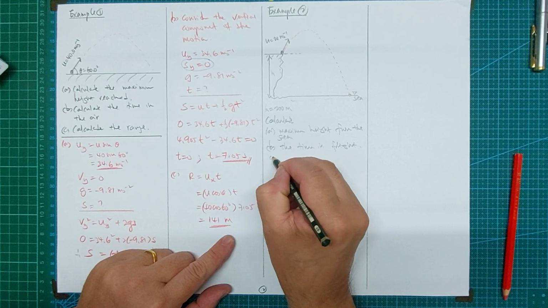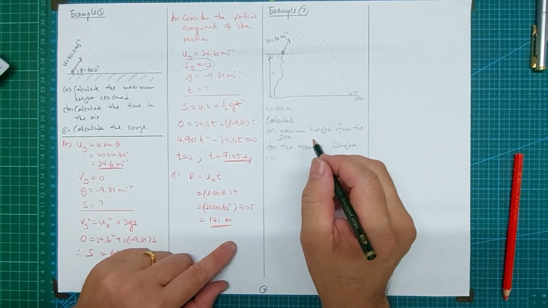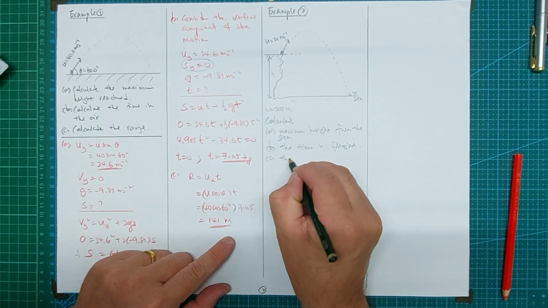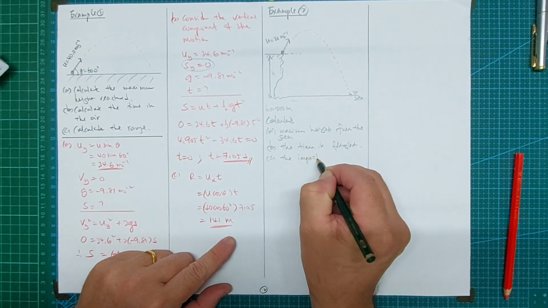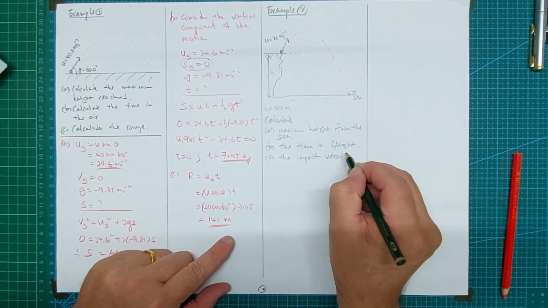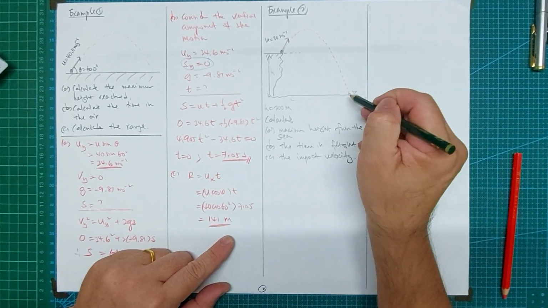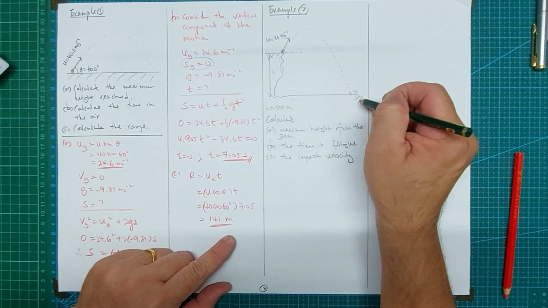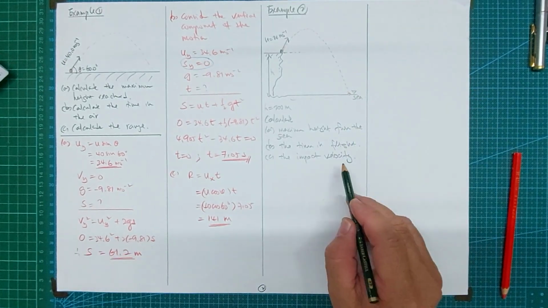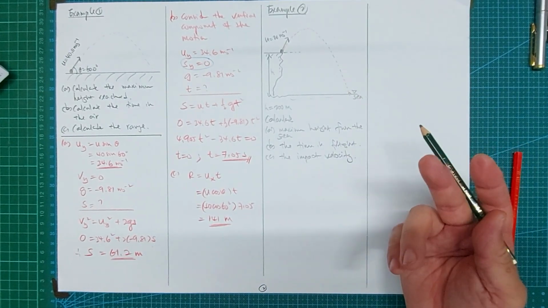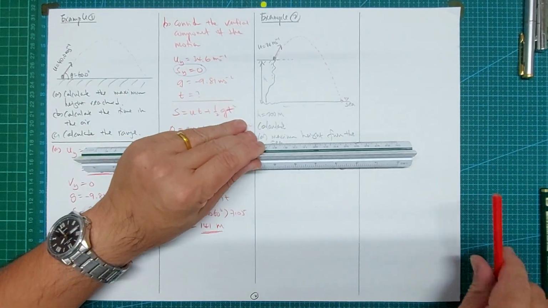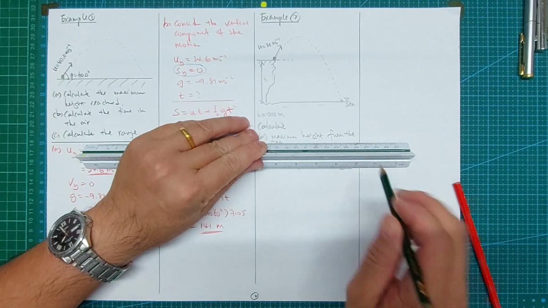And then C, range, no need, I don't want to find range. So now is the impact velocity. Impact velocity means the velocity during the impact with the sea surface. So be careful, velocity is a vector quantity, so you have to give me the magnitude and also the direction. So these are the questions needed.